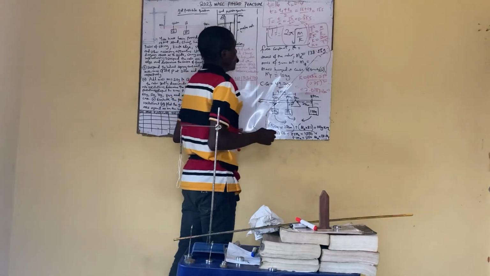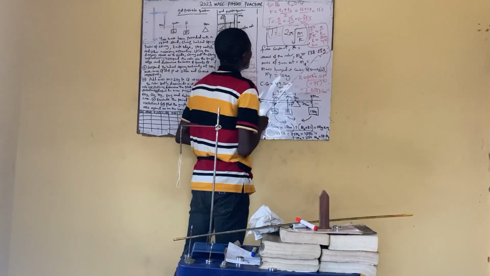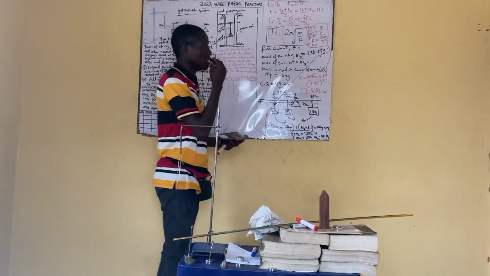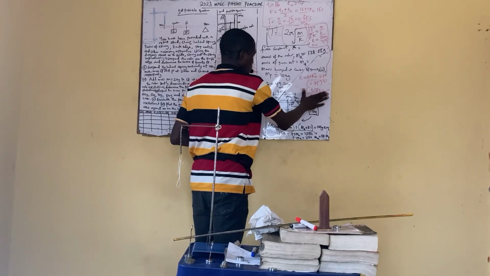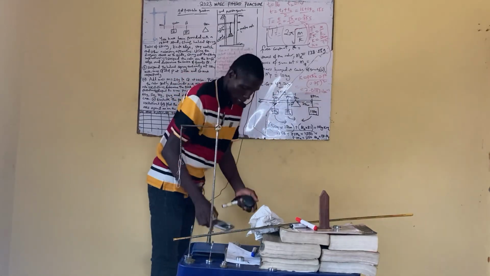Now, nobody will ask you to calculate all these things in the exam. I'm just trying to tell you that we can actually manipulate our time from what we have here.